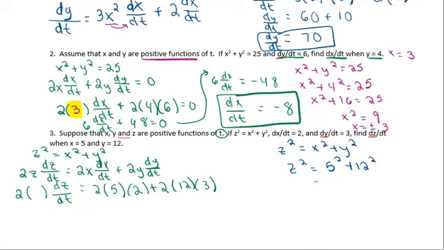Well, that means that z squared equals 25 plus 144. So z squared equals 169. So that means that z would be positive or negative 13. But it says positive function, so that means that z is going to be positive 13. So then we can put our 13 back over here.